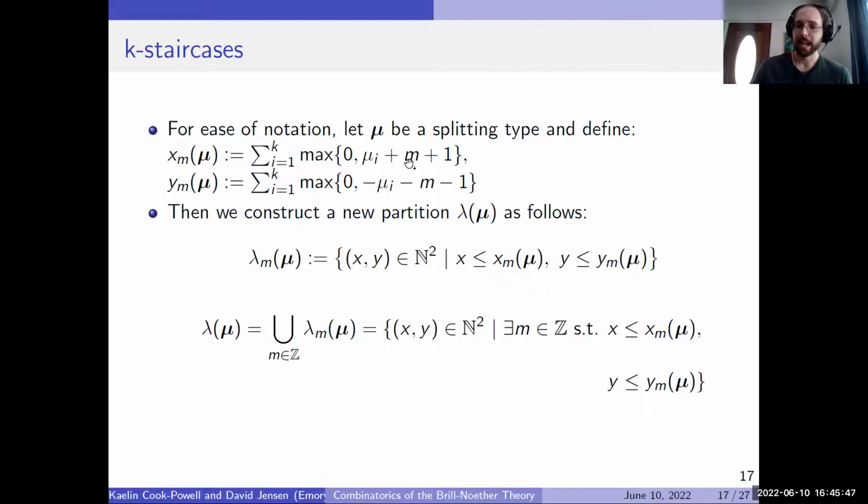If I keep adding M for long enough, then eventually these values will be very negative. And because I have the English convention, I'm still going up and up and up, and I can't have negative boxes.